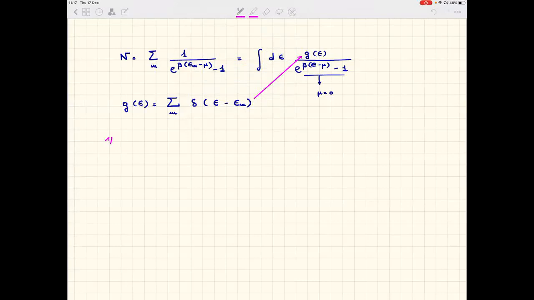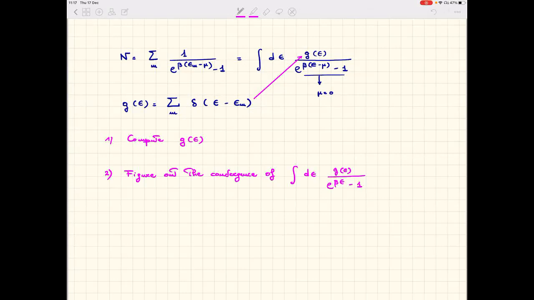So one is compute g of epsilon, and 2 is figure out the convergence of the integral d epsilon g of epsilon over e to the beta epsilon minus 1.